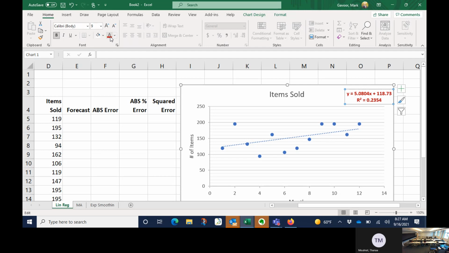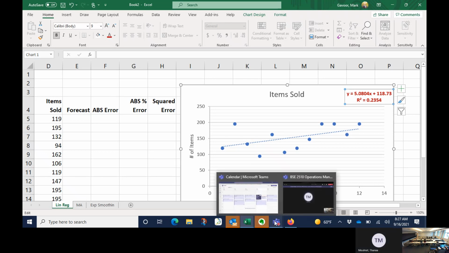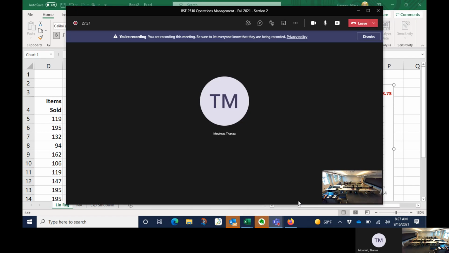What does the R squared mean? Anyone? Bueller? It's the coefficient of determination. Oh, wait, Thana's saying something. She's going to answer the question, and she's not even here. Go ahead.